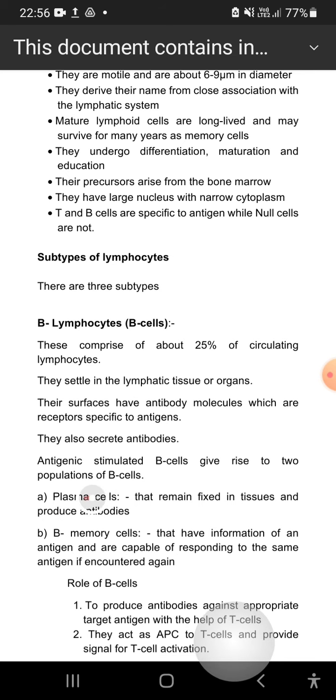So it is plasma cells that produce antibody. The other group of cells form B memory cells. These are cells which have been exposed to the antigen and memorize the antigen. So in the second infection or attack by the antigen, they react at a very fast speed.